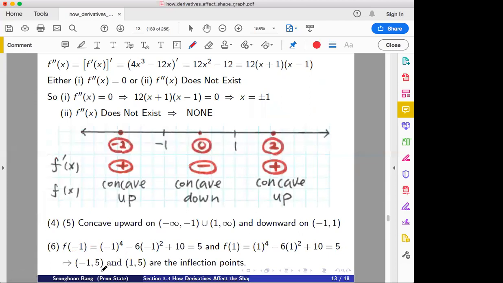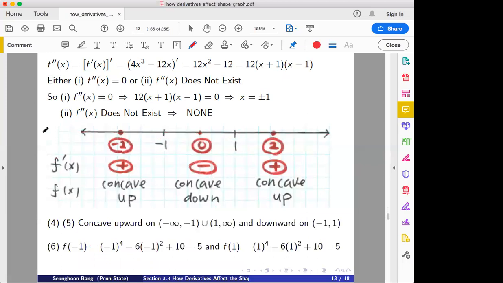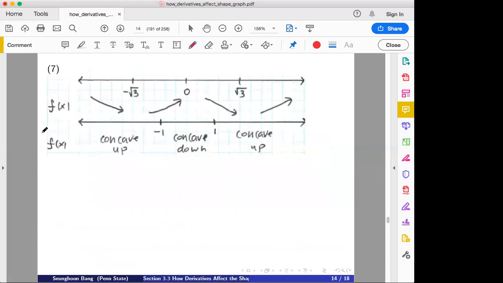Okay, next, you can combine this graph and the previous one. So we have it like this. The f of x is decreasing from minus infinity to negative root 3 from the previous one. Negative root 3 to 0 increasing, 0 to root 3 decreasing, root 3 to infinity increasing.